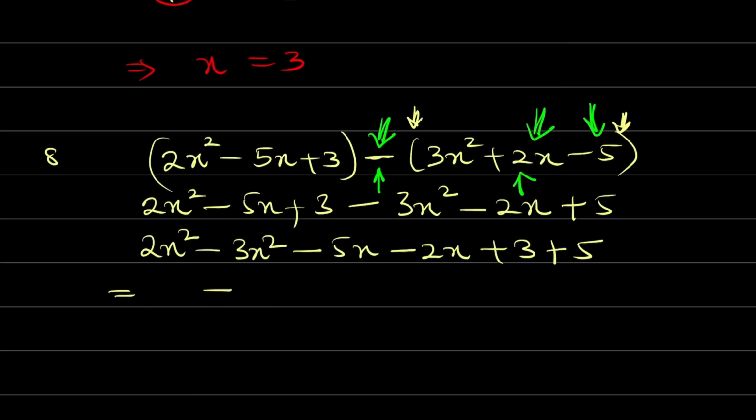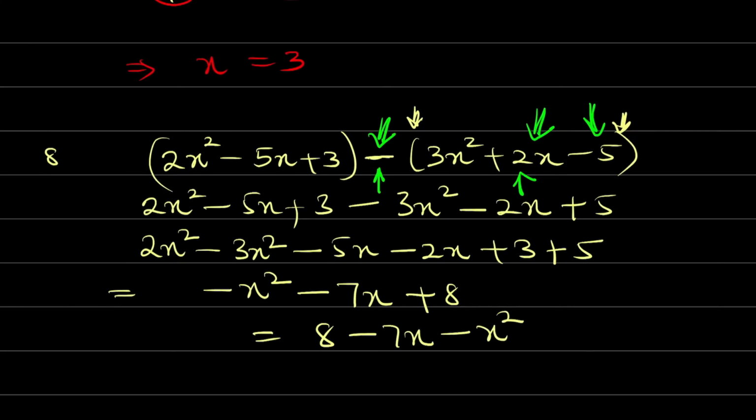This is going to give me negative x squared, then negative 7x, and then plus 8. Because of the negative signs on x squared and minus x, I can simply rearrange these as 8 minus 7x minus x squared.